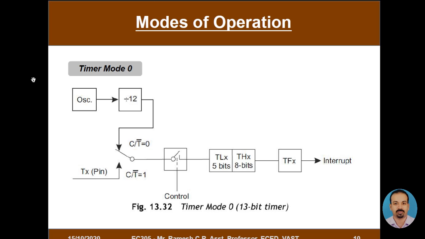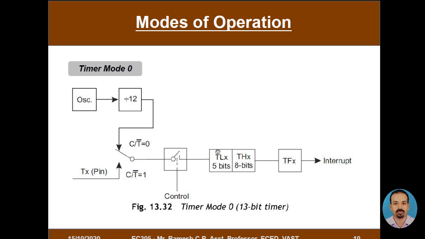So as we have seen, by default we have the oscillator, and its frequency is divided by 12, and that frequency is clocked to the timer counter through a control bit. Okay, so this control switch is controlled by the value of the gate bit which is present in the TMOD register.